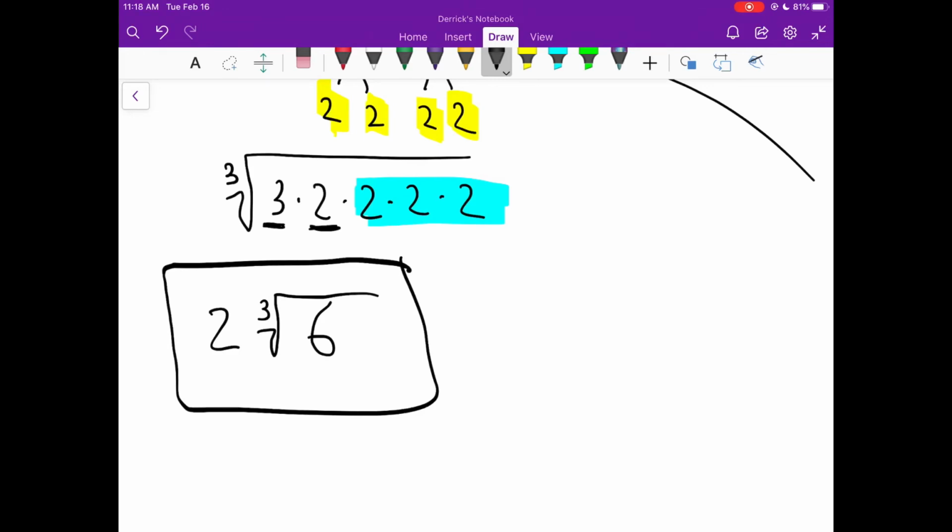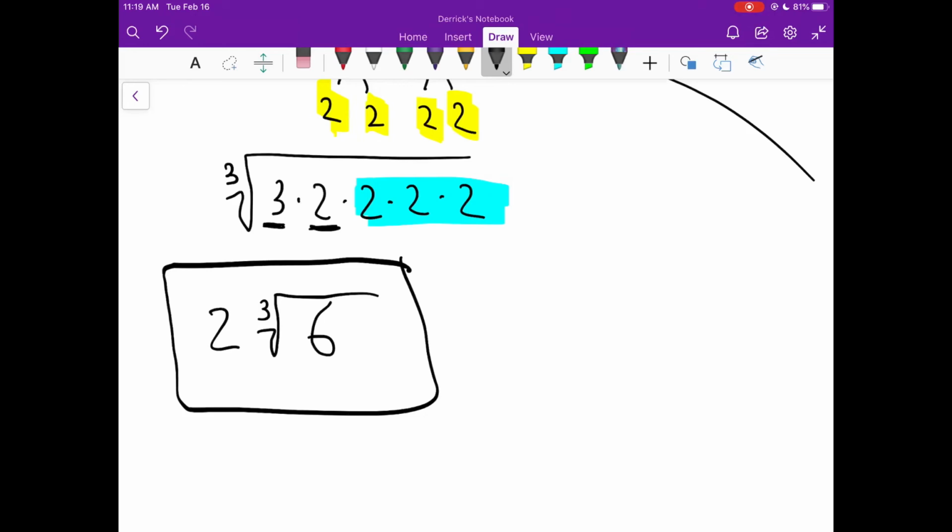And if you do it this way, then that allows you to be able to simplify any radical I could possibly make up for you. It doesn't matter whether it's a square root or a third root, fourth root, fifth root, any type of root I could think of. All you need to do is take the number I give you, break it down to its prime factors, and then simply figure out, based off the root, how many of the same type of number you need.